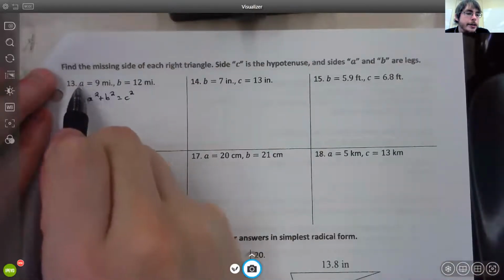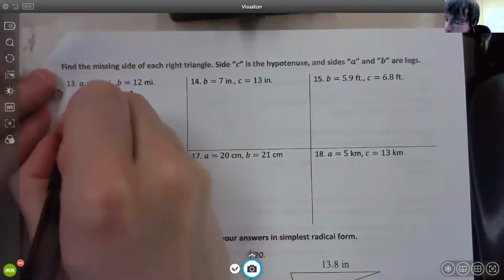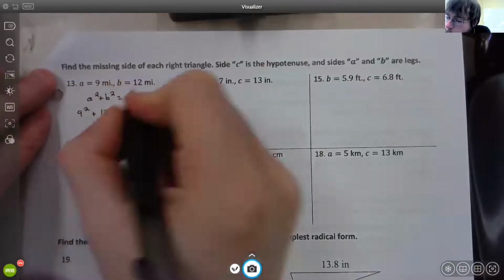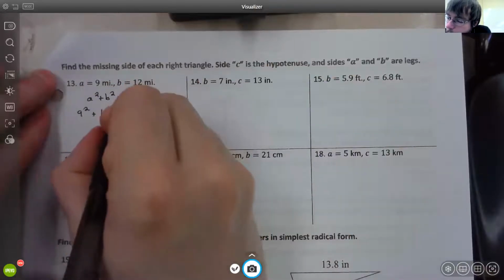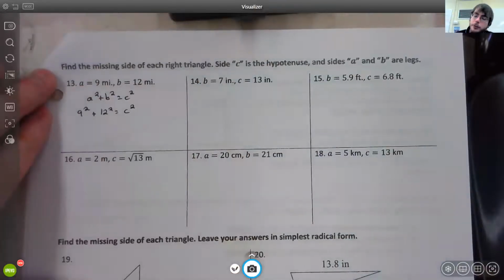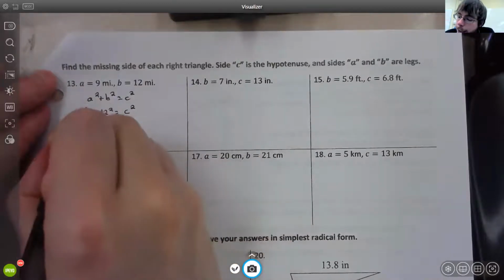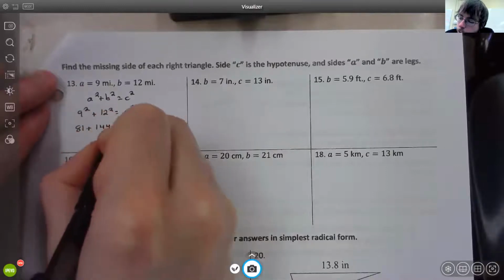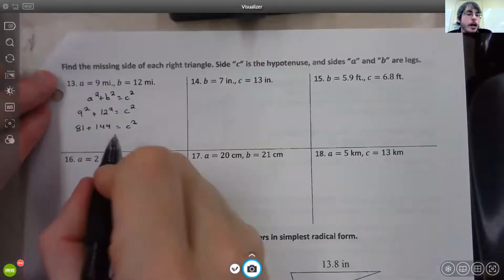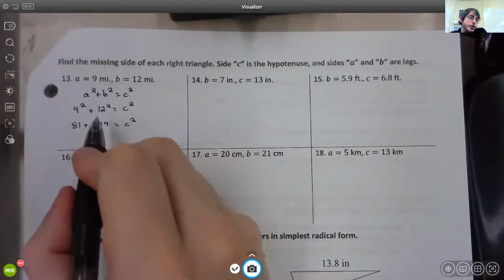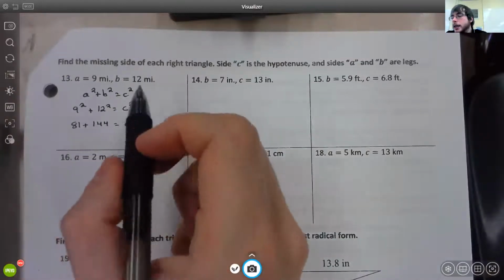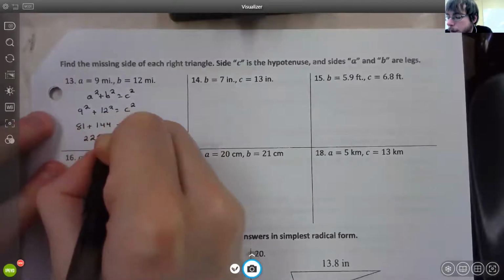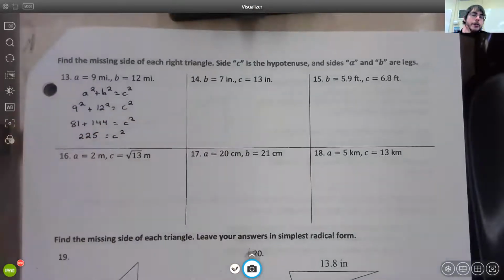A says it's equal to 9, so 9 squared plus, then b is 12, 12 squared equals, and then c squared, because we don't know what c is. 9 squared is 81, 12 squared is 144, equals c squared. The c is already by itself, so we're just combining like terms on the left side. 81 plus 144 is 225, which is equal to c squared.